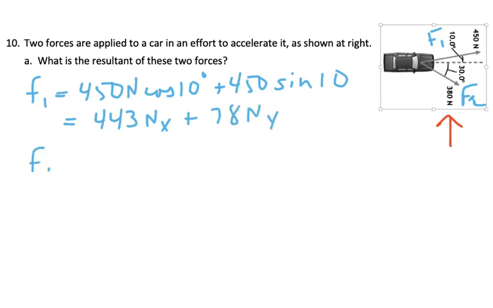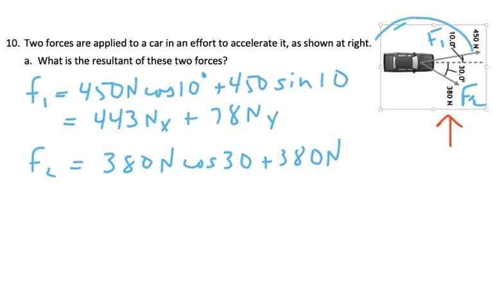Do the same thing for F2. So you end up with 380 newtons cosine 30 plus 380 newtons. In this case, it doesn't make any sense to talk about going all the way around to the other side. It's easier to say it's a minus 30.